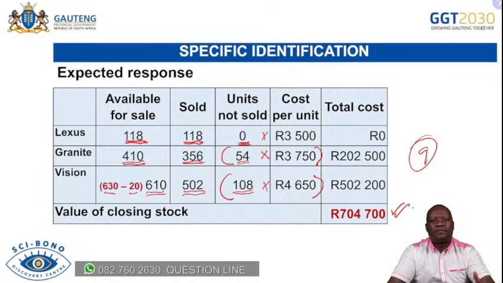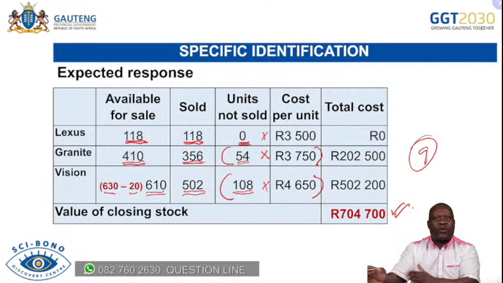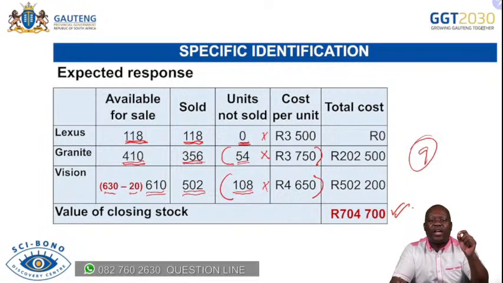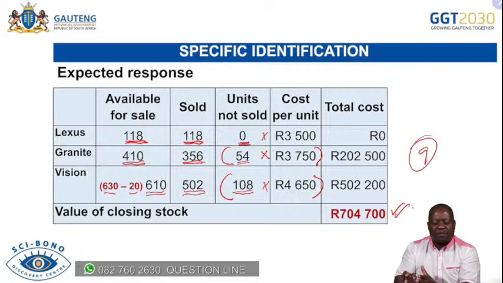You can do it. Remember, we are saying a specific model is unique. And because of that, we can never be able to confuse Lexus and Granite. They are unique. And we know each model has got its own unique price. So identify how many of this model are there.